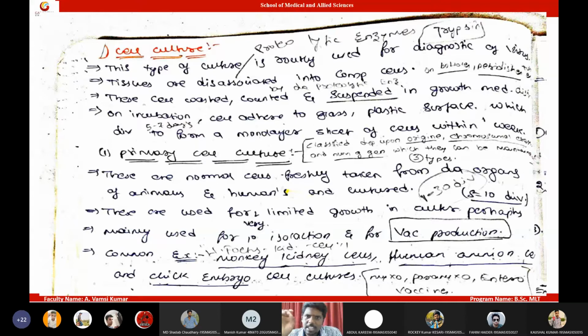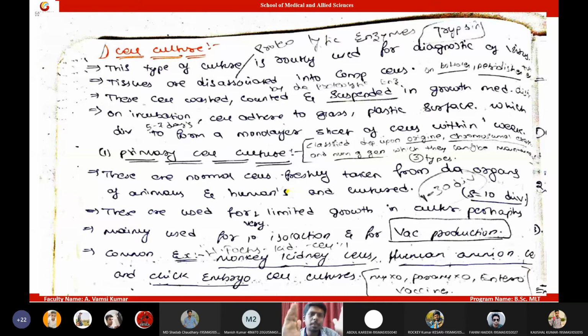Primary and secondary cell cultures are classified depending upon the origin and chromosomal number. Very simply, the germline cells are called primary cell lines, whereas vegetative cells are called secondary cells. Sperm and ovum are called primary cells, whereas all other body cells are called secondary cell lines. But no matter whether primary or secondary, the lifespan of these two cell lines will be only 15 days, not more than 15 days.